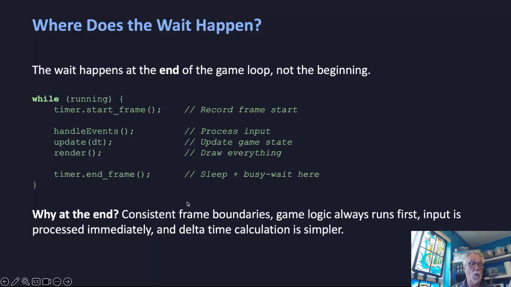So what we want is consistent frame boundaries so that we have consistent time. And then our delta calculation is a lot simpler because we calculate the beginning of the frame right here. Then when we get here, we know how much time we have to spend to get from there to there, right?